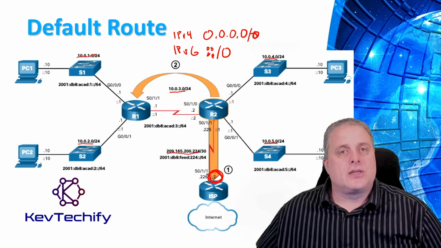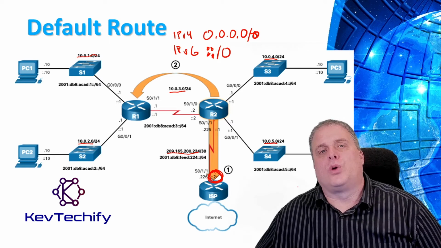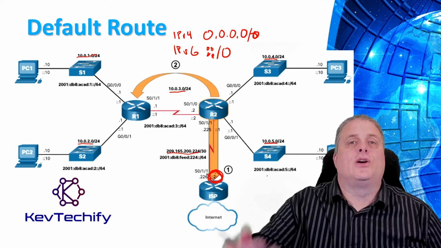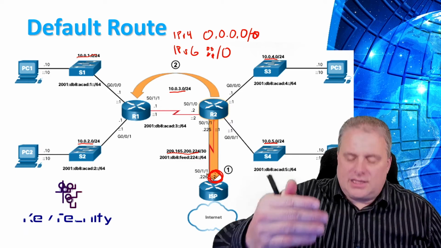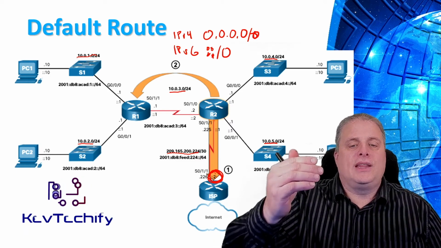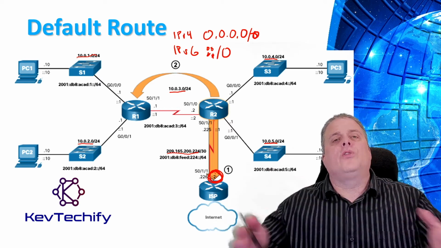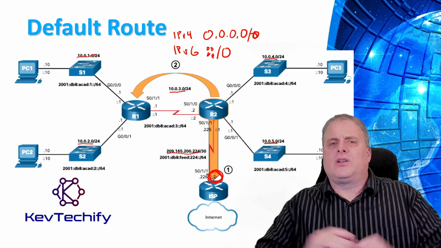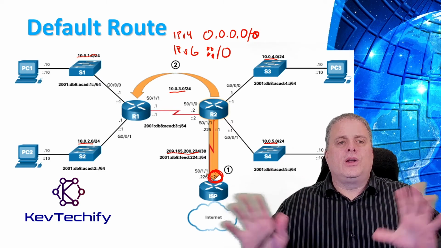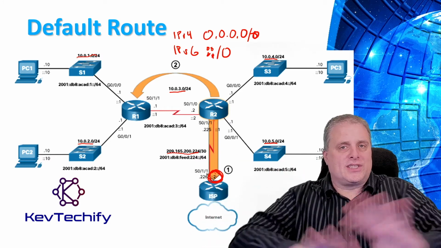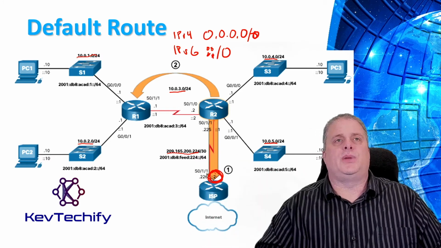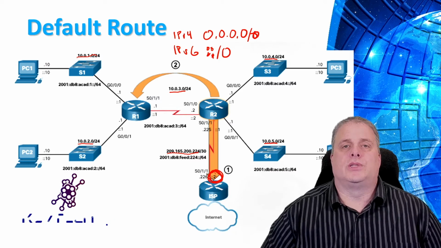Then your internet service provider can route it towards the destination. They have the special equipment to route all internet traffic and know about all the routes on the internet. You don't want all that responsibility. You just want to know what's going on in my network. If it's not on my network, I'm going to send it to my ISP. That's where that default route comes into play.